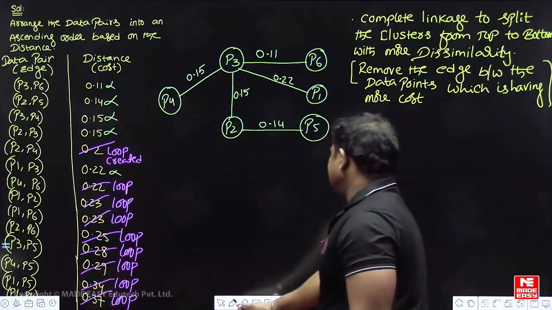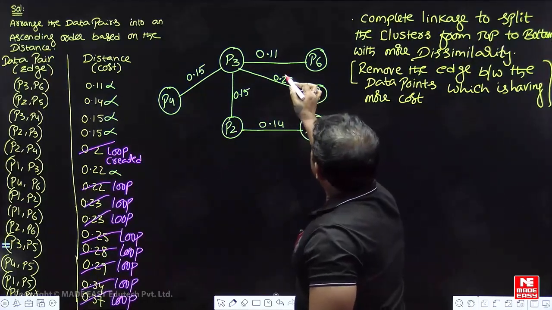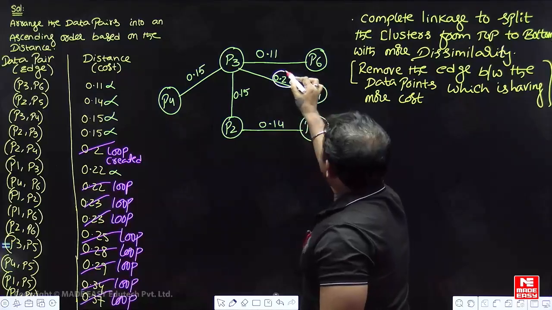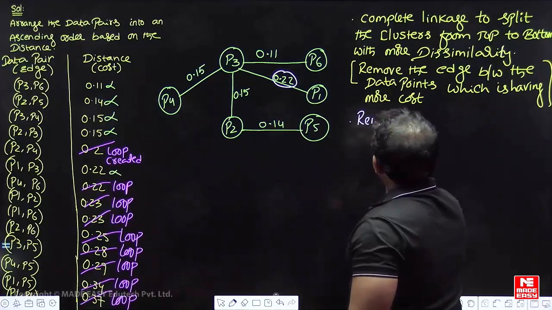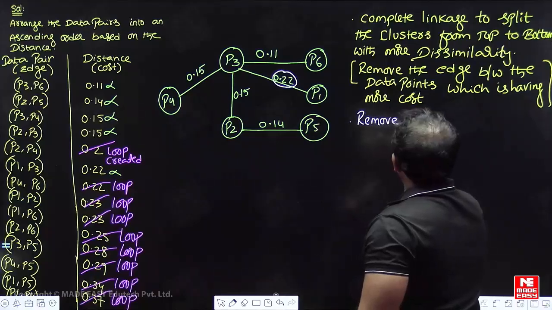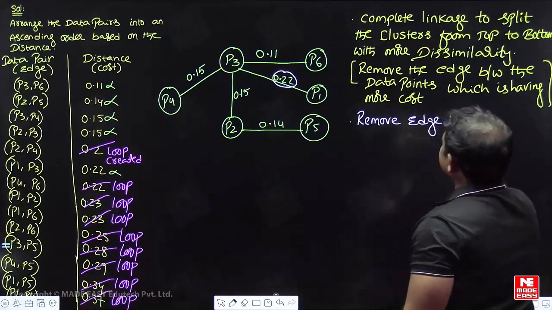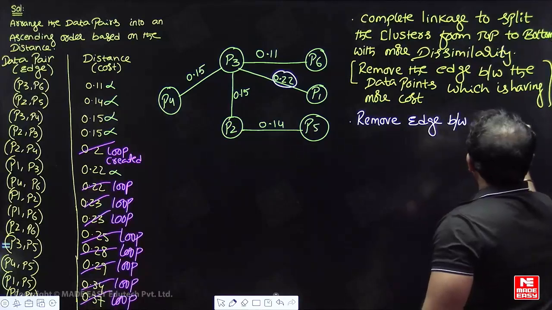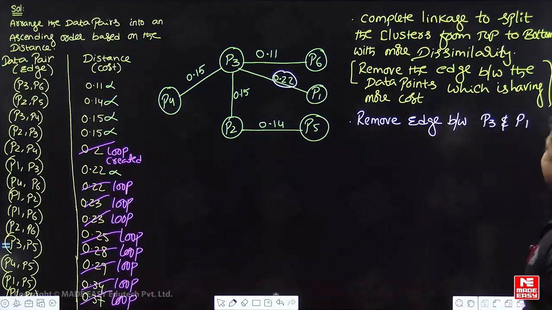Now see this. According to our spanning tree, the more weightage edge is this one. Now here remove the edge between P3 and P1.